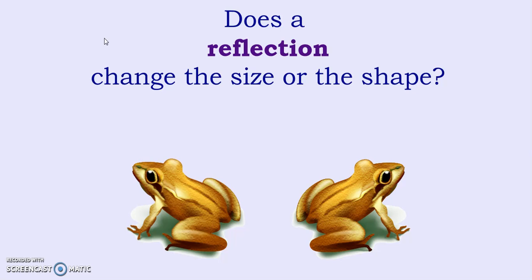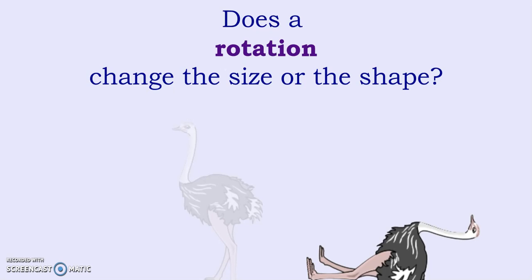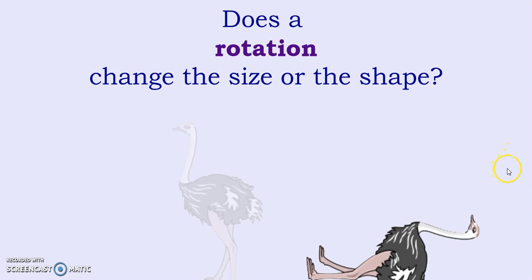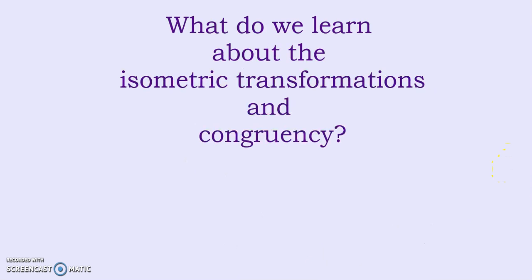Does a reflection change the size or shape? Or do we have no change in that size or shape? And last one is a rotation. When we rotate this ostrich around, do we have a change in the size or shape? And really the answer is no.